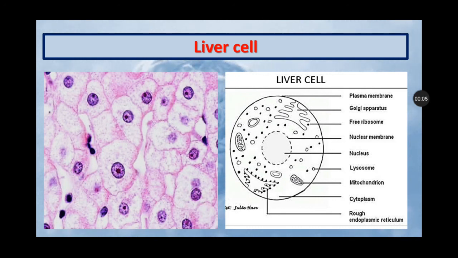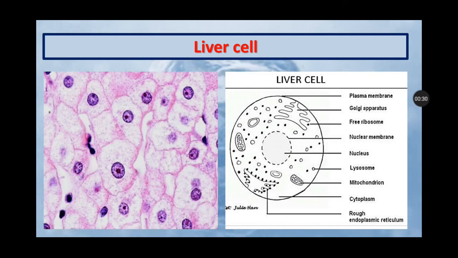In the first picture you can see a stained microscopic slide of liver cells, and this single liver cell has all the same structures as the animal cell. It has a plasma membrane, which is the outermost cell surface membrane. Then it has a Golgi apparatus, free ribosomes, the most important nucleus, and then mitochondrion.